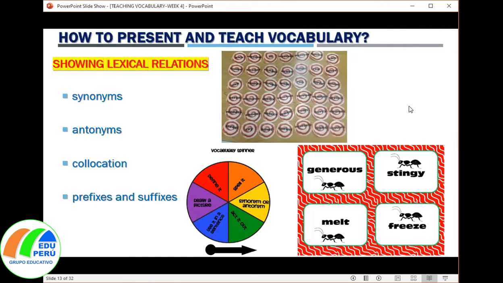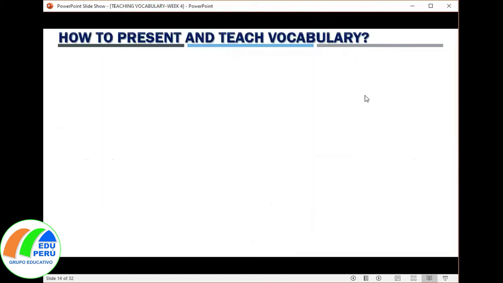So notice here, we are giving our students the difference between these words, whether they are synonyms or antonyms. Also you could use prefixes or suffixes in order to create words. But also, we have the collocations. It's very important.